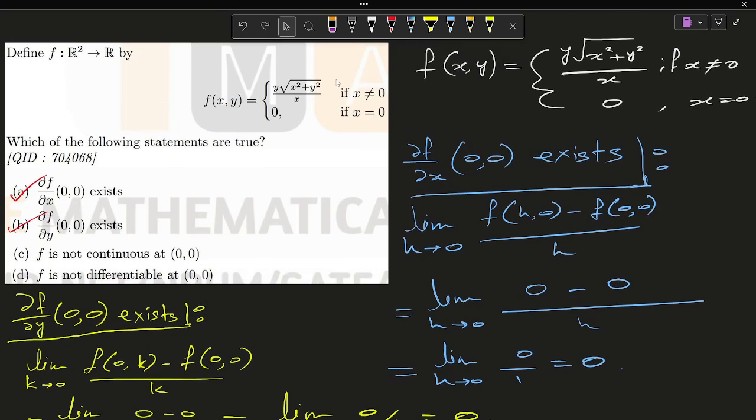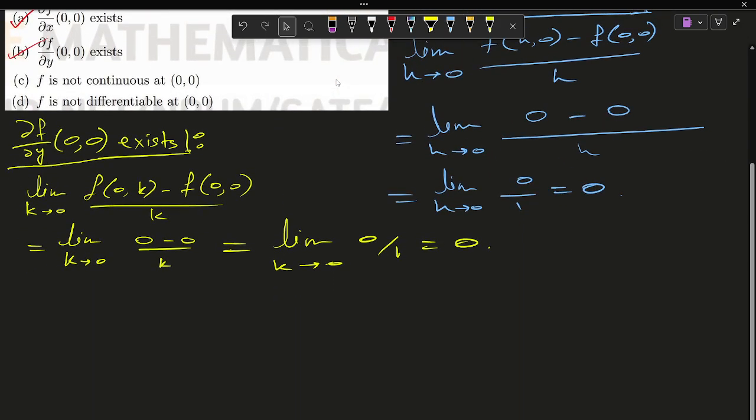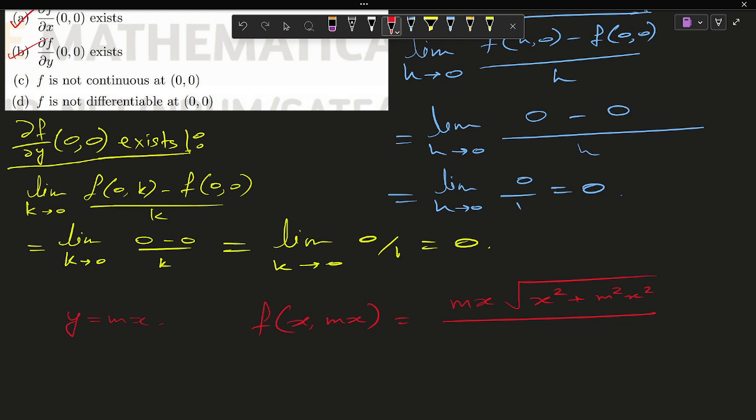Let us use y equals mx. Then we get f(x, mx) equals mx into root over x square plus m square x square by x.